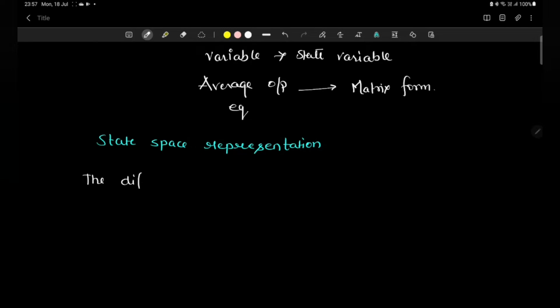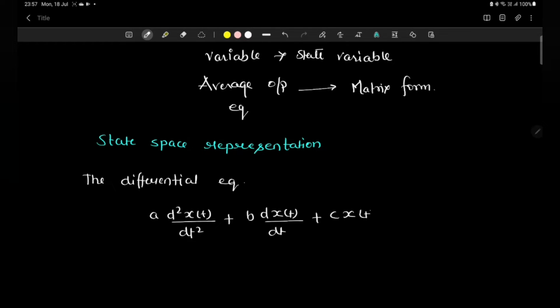The differential equation is a d square x of t by dt square plus b dx of t by dt plus c x of t is equal to u of t.